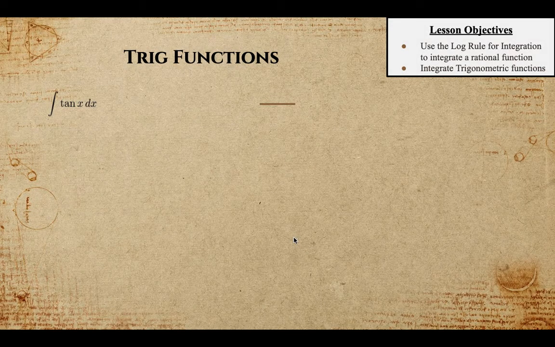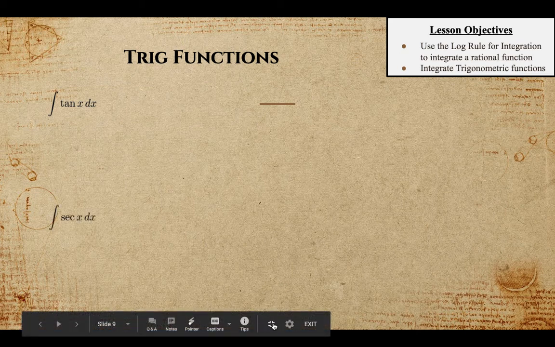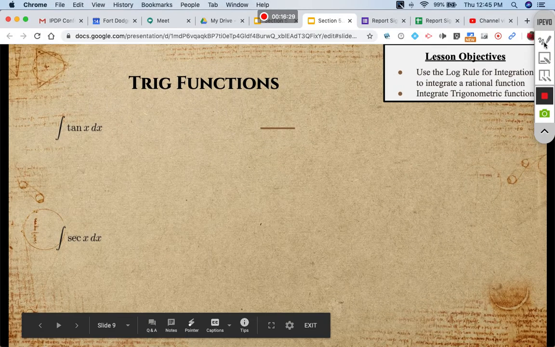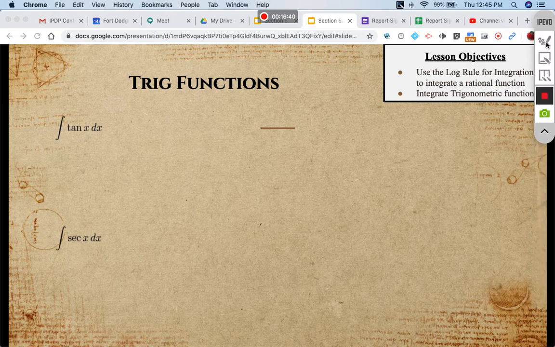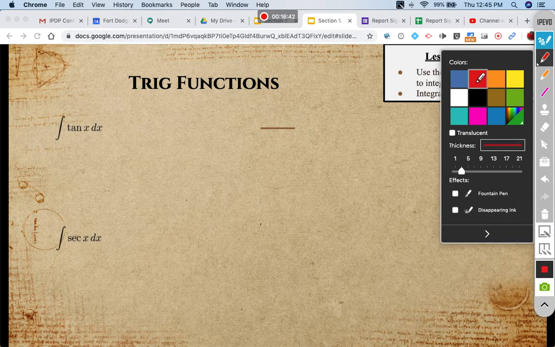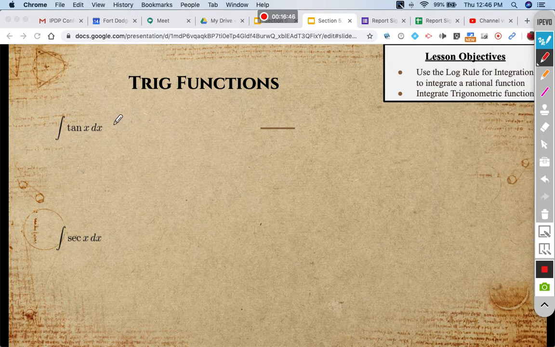So I want to finish off with the trig functions. So what do we do with the tangent of x? Tangent's not too bad here.